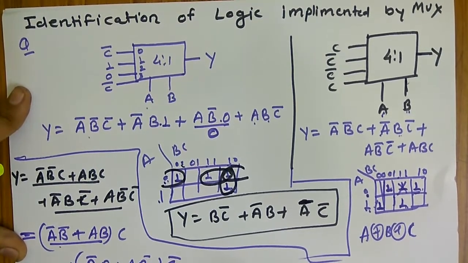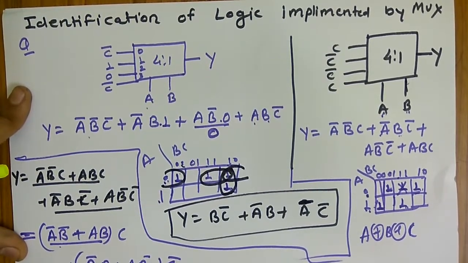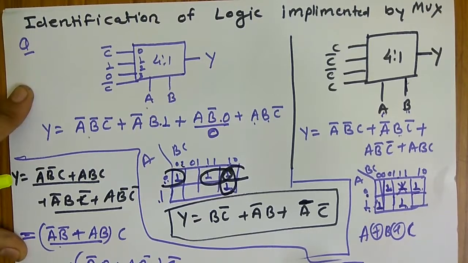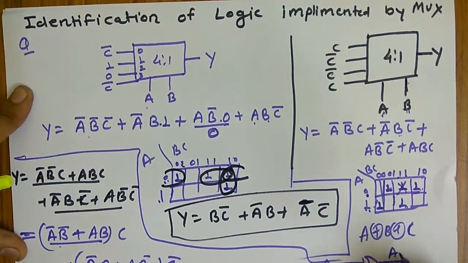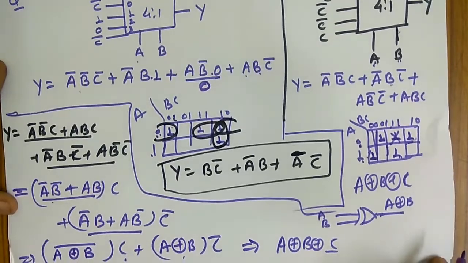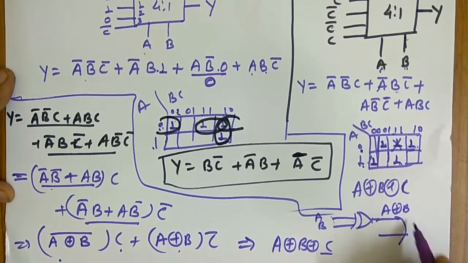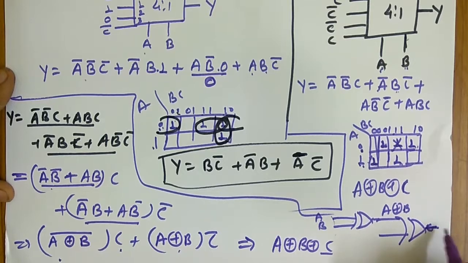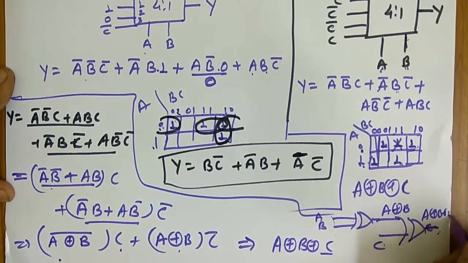So the resultant expression is A XOR B XOR C. This is one terminal: suppose this is A B, this will be A XOR B, and this is one terminal for XOR and C is another terminal. So this is the expression for this one. So this will be A XOR B XOR C.